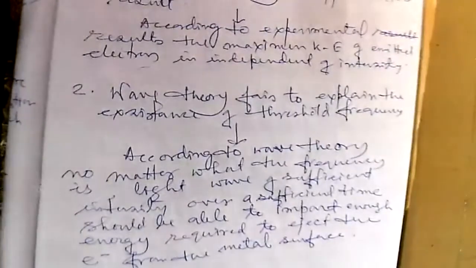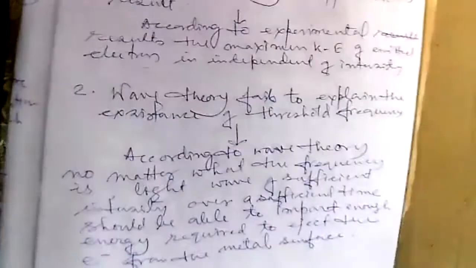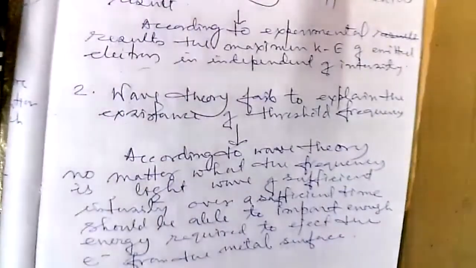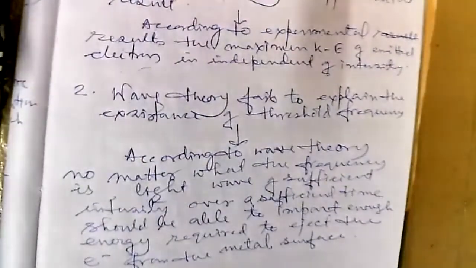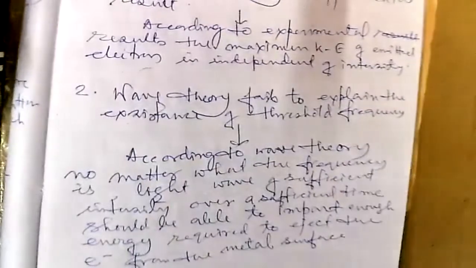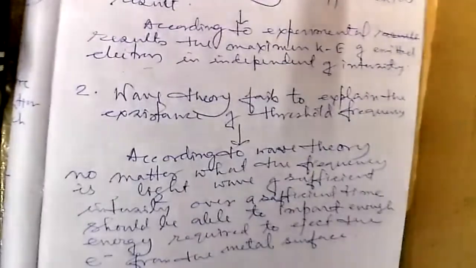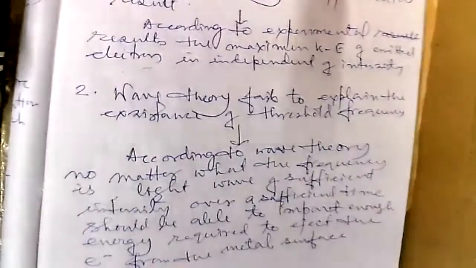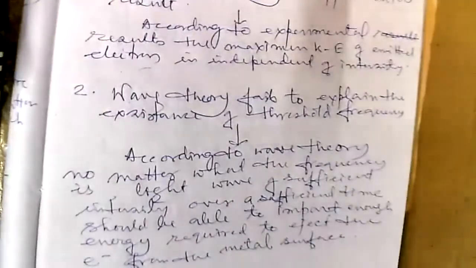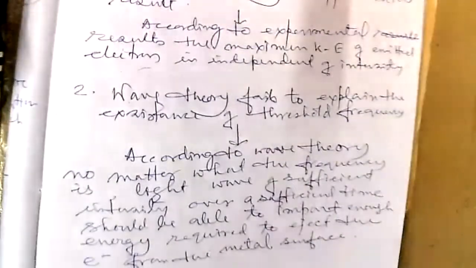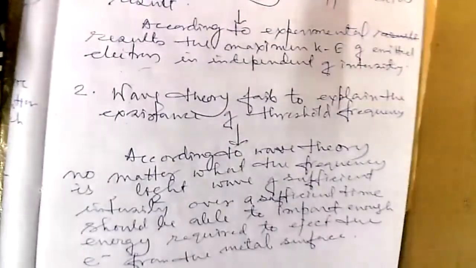Wave theory fails to explain the existence of threshold frequency. Why would there be a threshold frequency? According to the wave theory, no matter what the frequency is, a light wave having sufficient intensity over a sufficient time interval should be able to impart enough energy required to eject the electron from the metal surface.